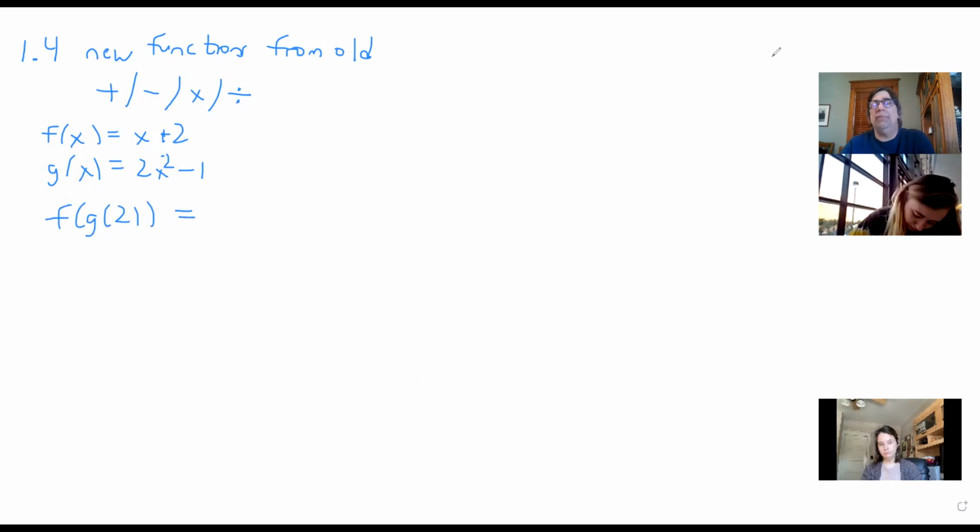If you know how order of operations works, 2 is our input. We're going to find g of 2. So we need to take one of these formulas and find the output. But because we're following order of operations, we do inside first, then outside. So the first thing we're going to do is find g of 2. So put 2 in for x here.